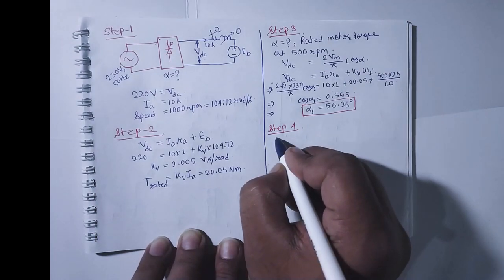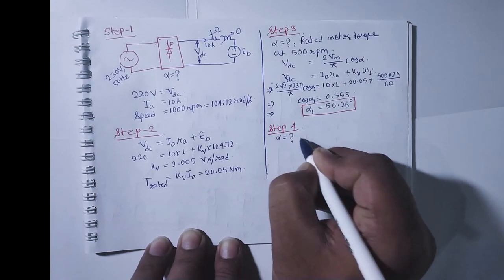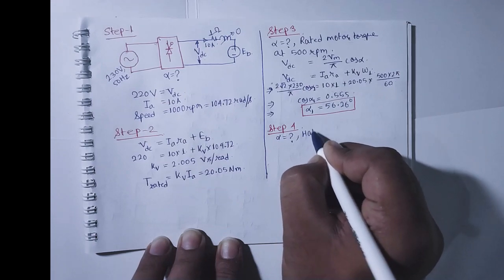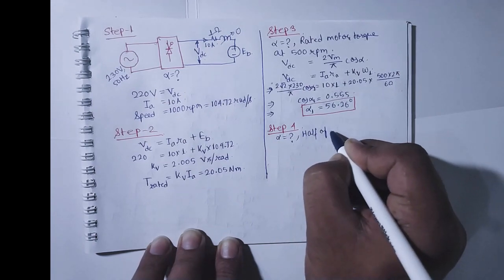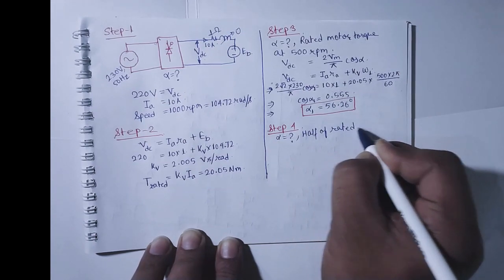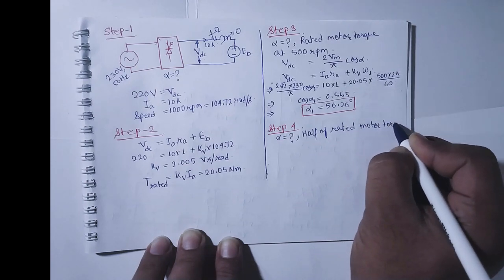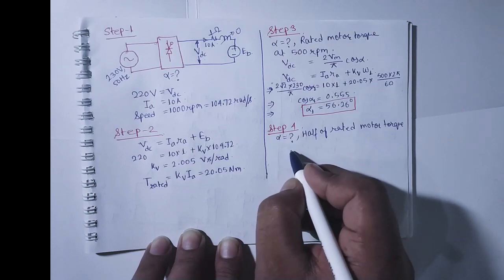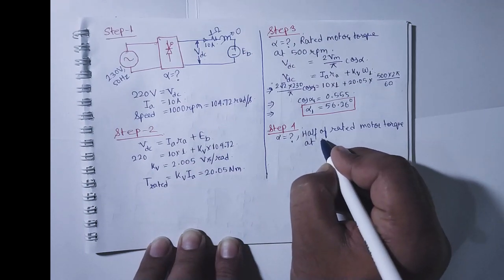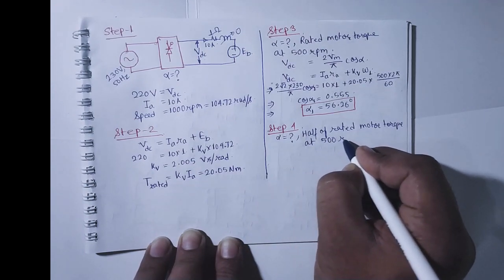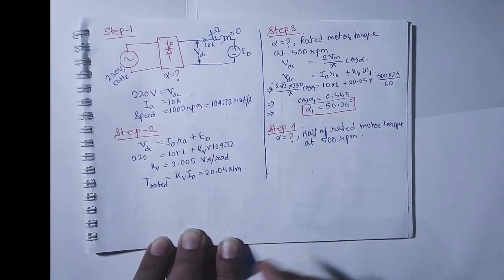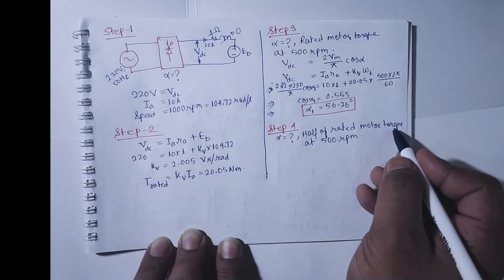To the next part of the question, that is our step 4. It is asked what will be alpha when half of rated motor torque is applied at 500 rpm. So half of the rated motor torque is applied.